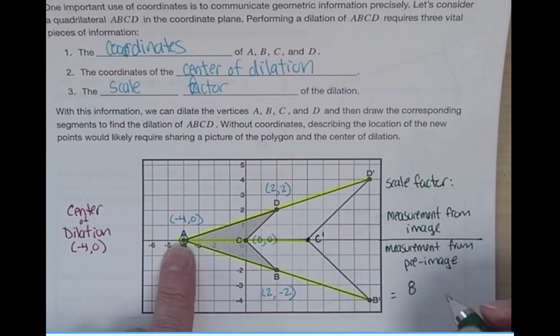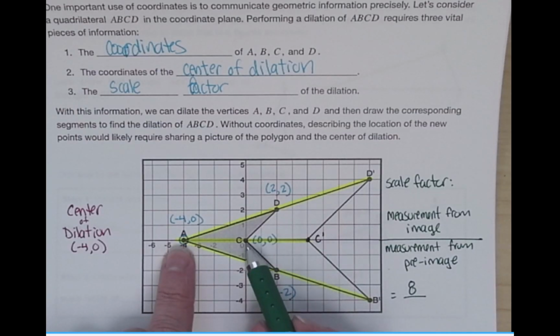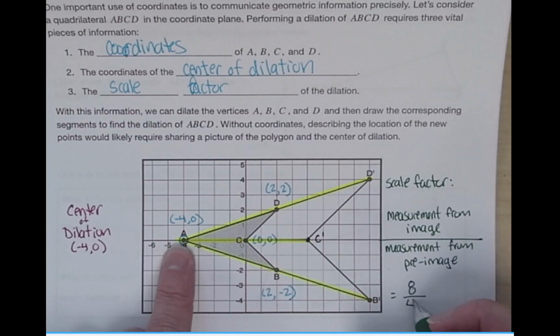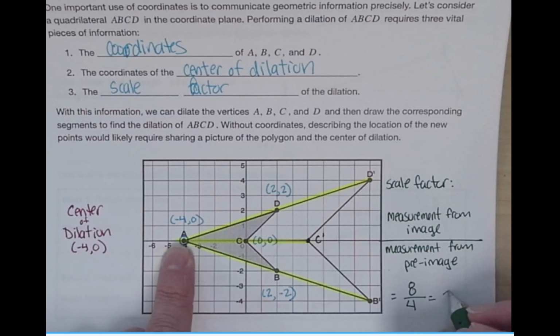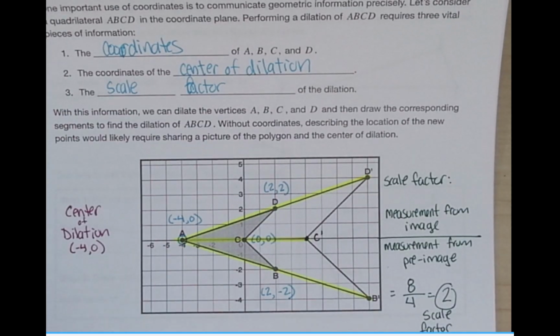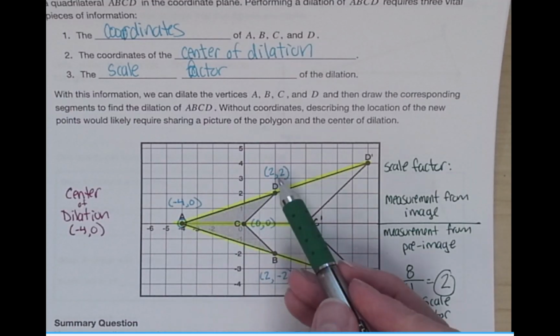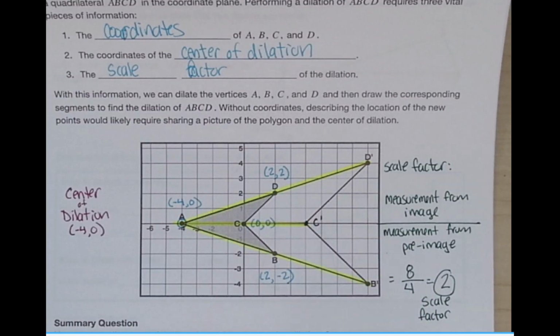So that's my image measurement, and I'm going to divide that by a measurement from the pre-image that corresponds to that. So now I'm going to measure from that center of dilation to the pre-image, and it looks like that distance is 1, 2, 3, 4. 8 divided by 4 is 2, so that's our scale factor. And there we are. So we found the center of dilation, we have our scale factor, and we have the coordinates of the original, the pre-image.